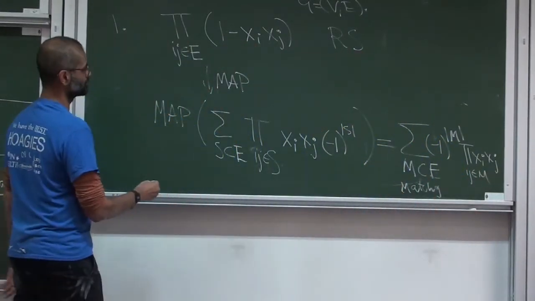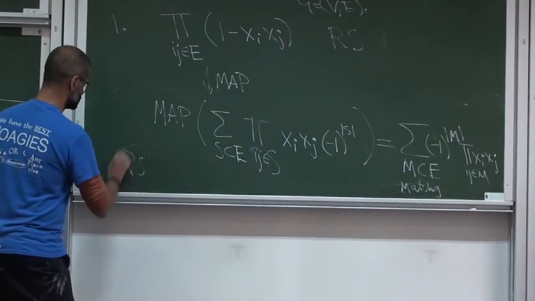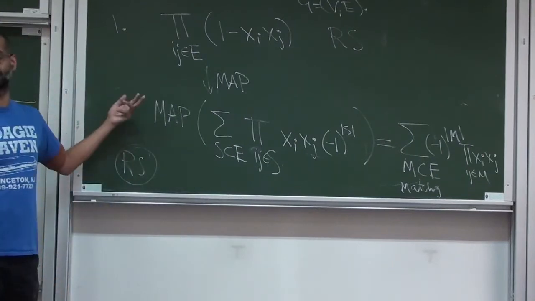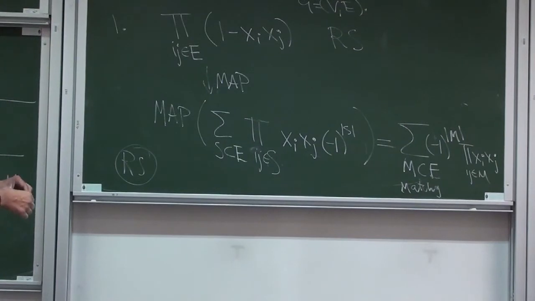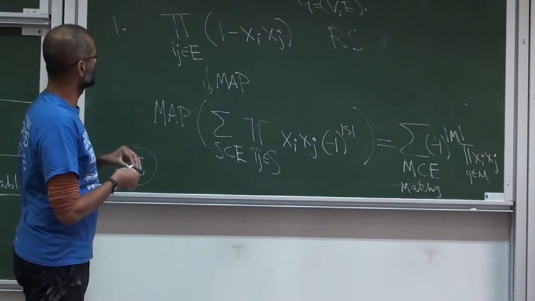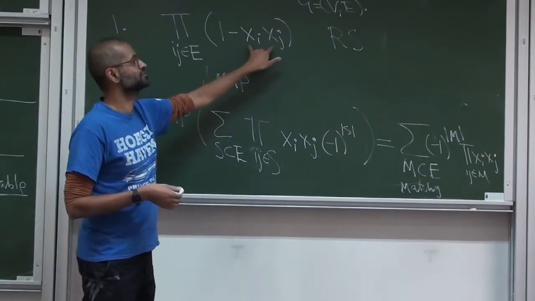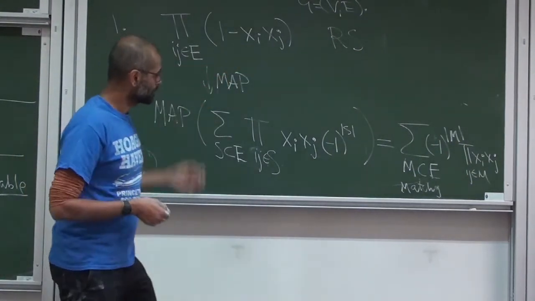And this is also real stable because map preserves real stability. Okay, but this is a multivariate polynomial. I should say, the variables are the vertices.